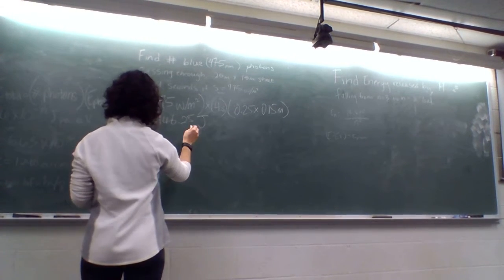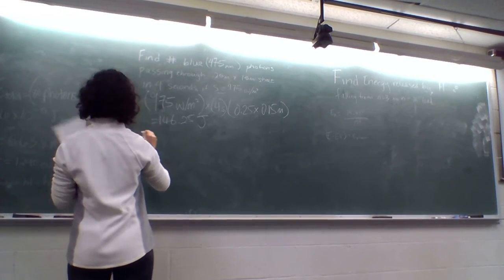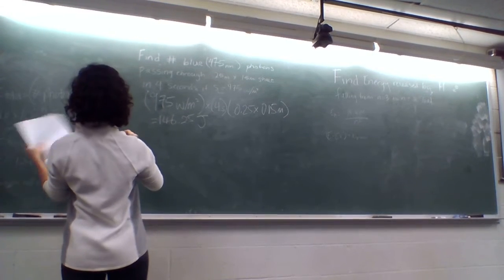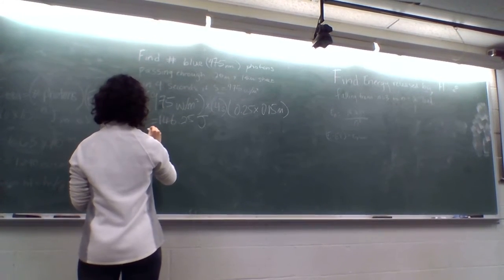And then you convert joules to electron volts by multiplying it by 1.6 times 10 to the negative 19.